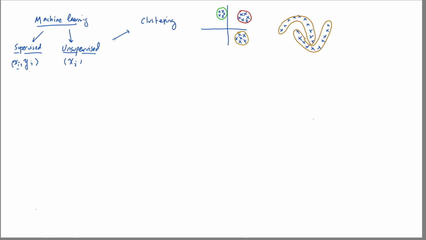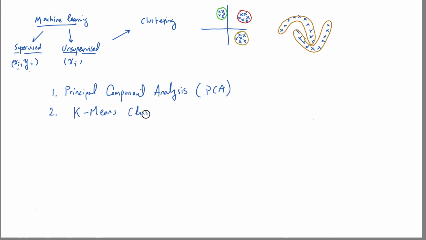Today, we'll be talking about two ideas. The first one is principal component analysis, or PCA, and the second one is k-means clustering.